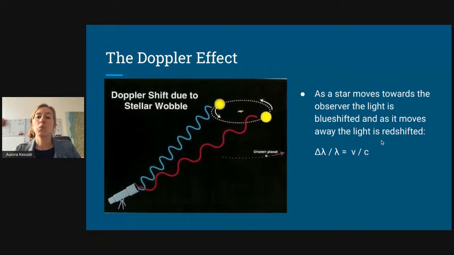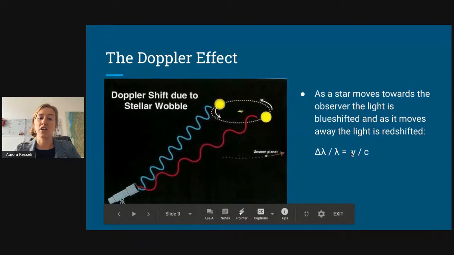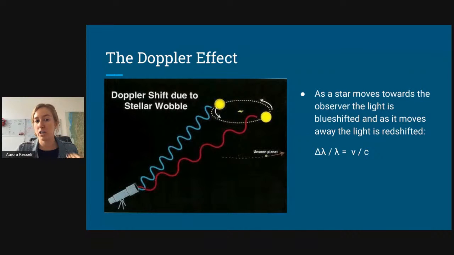And so we can resolve these velocity changes in the host star, or in two binary stars. We can measure the velocities of these stars, which then allows us to measure the masses because of the center of mass equation.